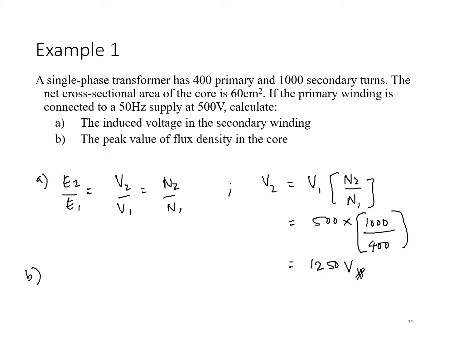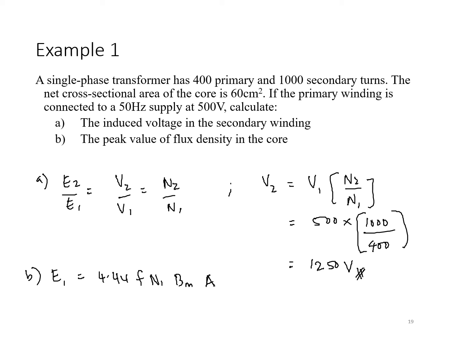For the second part, the peak value of flux density in the core. We know that if we refer to the primary side, E1 is equal to 4.44 multiplied with the frequency, the number of turns at the primary side, the peak value of flux density in the core, and the cross-sectional area of the core.